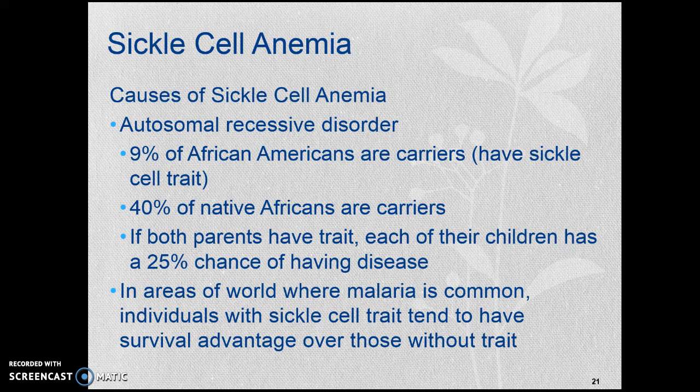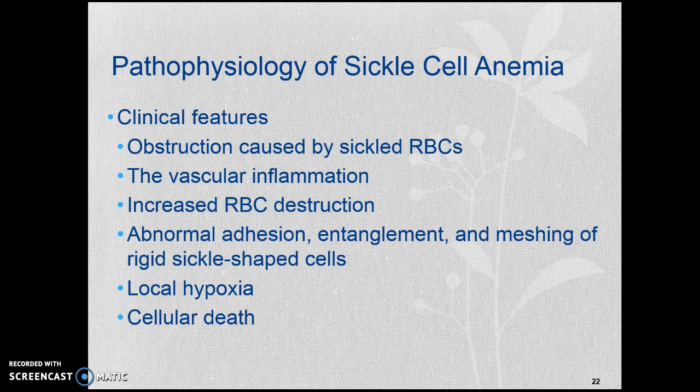So continuing on, with sickle cell, what happens is the red blood cells are misshapen and they become sickled, like so, in a crescent shape. If somebody is in a sickle cell crisis, they're going to produce more sickled red blood cells.